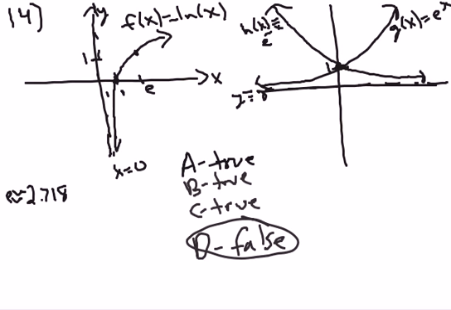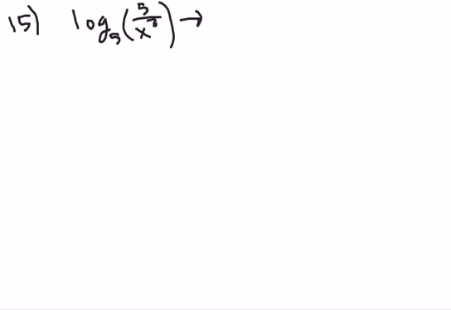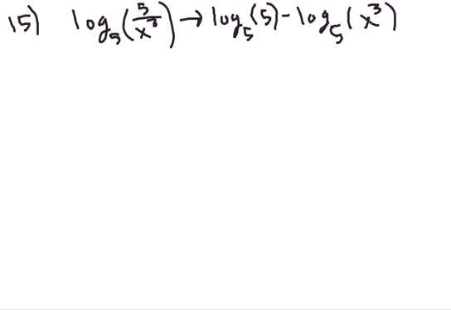Okay, let's move on to number 15, which is also a multiple choice question in regards to log base 5 of 5 over x cubed. And it's asking us to basically expand this. So using our properties of logarithms, the division becomes log base 5 of 5 minus log base 5 of x cubed.